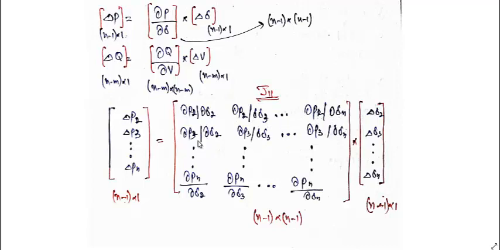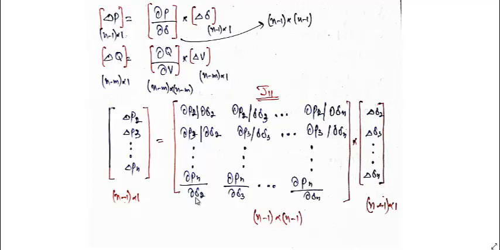Similarly, this is the second equation, that is delta P3, and its derivative with respect to all the variables. All the variables are deltas. So this will be delta P3 by delta delta 2, delta P3 by delta delta 3, that is up to delta P3 by delta delta n. So this is the last equation, the derivative of the last equation, that is delta Pn, and this equation is derived with respect to all the variables.